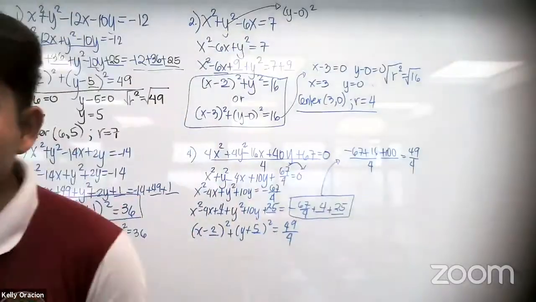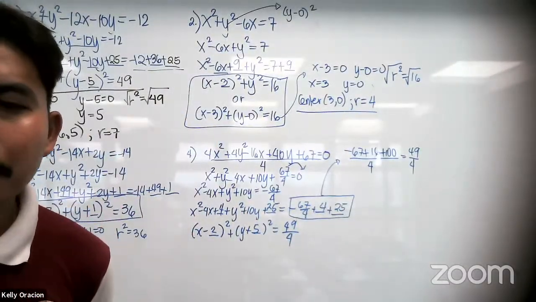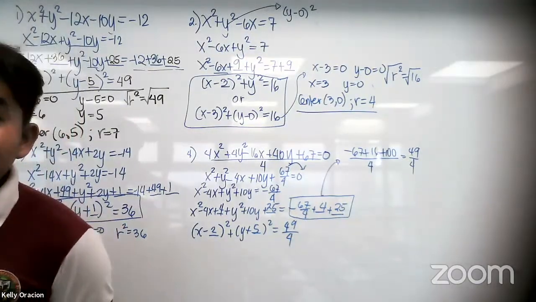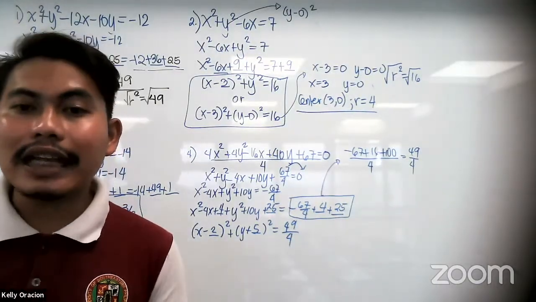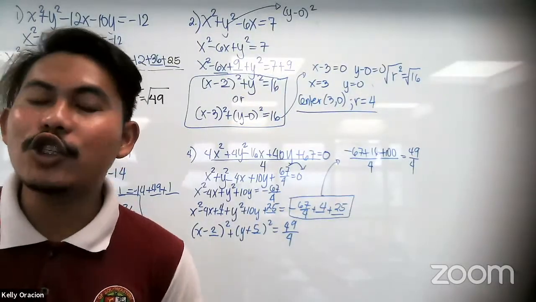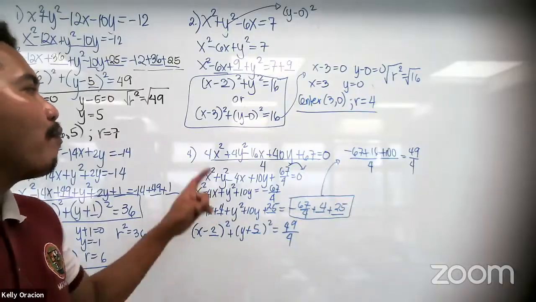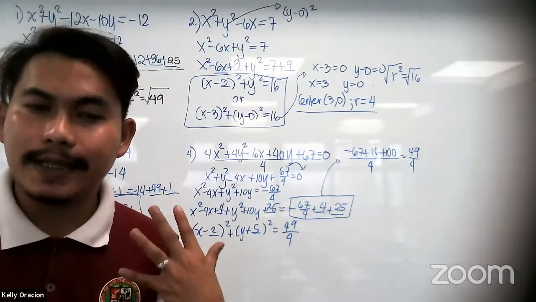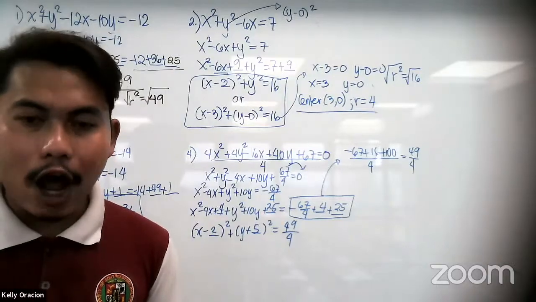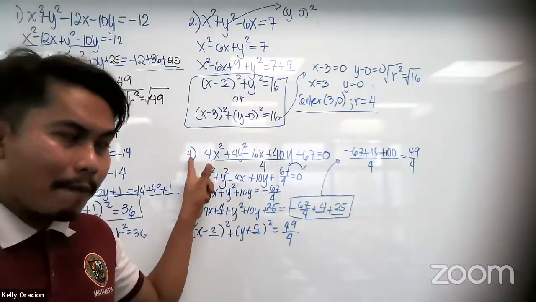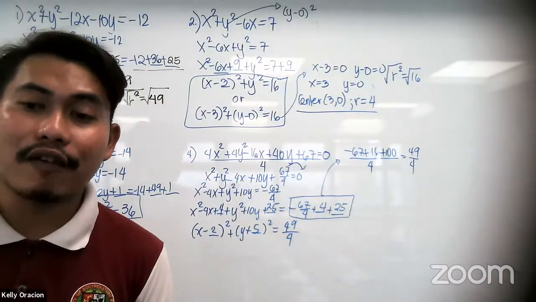Okay, there is a question here. Sir, what if the constants are different? What number do we use to divide? That's another topic. Take note, as I mentioned earlier in the general form, the constant of x squared and y squared in a circle should be the same. So if they are both 4, divide all by 4.